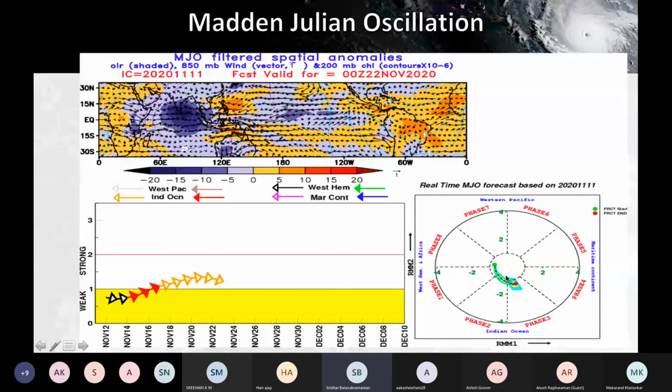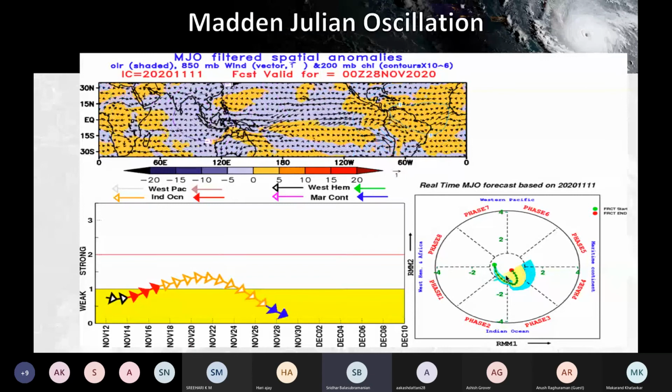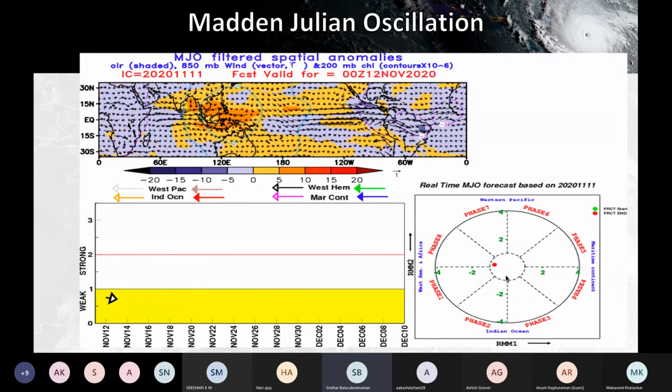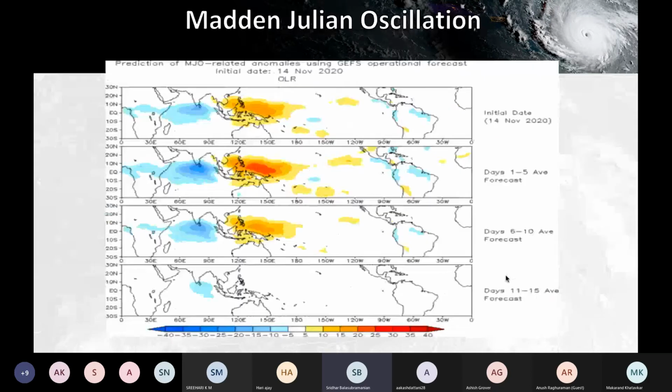This phase plot tells me a lot of interesting information, especially during November to April, because that is the season when you have cyclones in the Bay of Bengal and Arabian Sea, and March, April, May is also the season when you have cyclones in both the basins. So it tells me a lot of information.